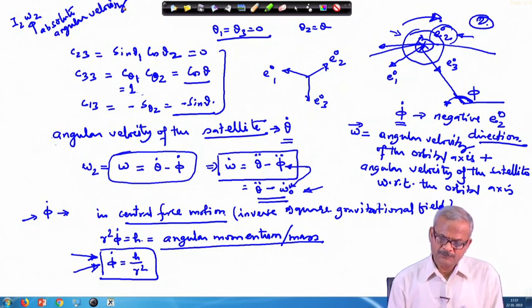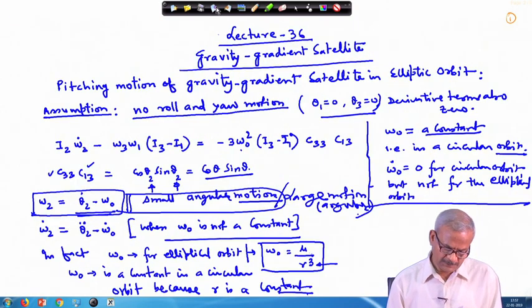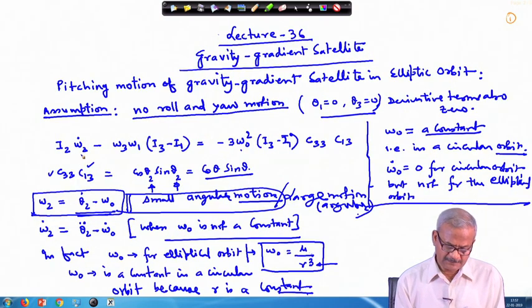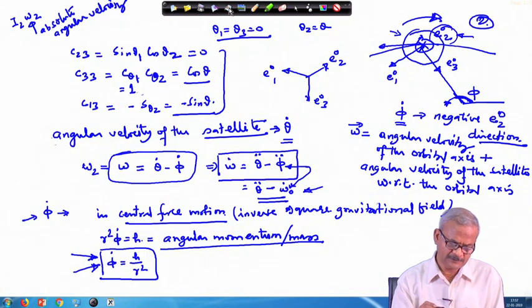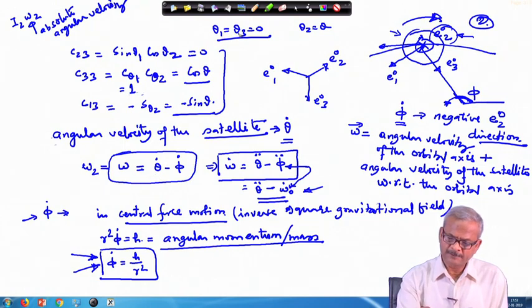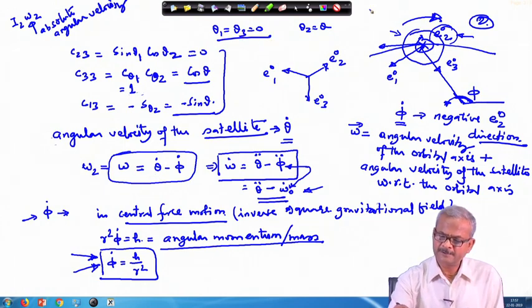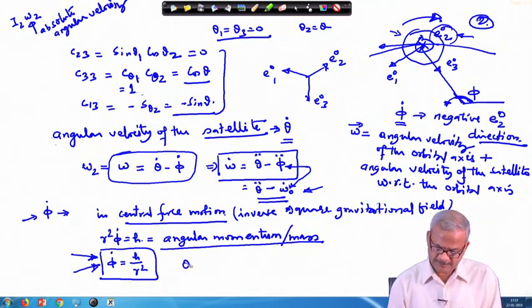This notation should be a little bit clear. Here we have written omega 2 and omega 3, and all these are absolute angular velocities, which we have then converted in terms of theta 1, theta 2, theta 3.